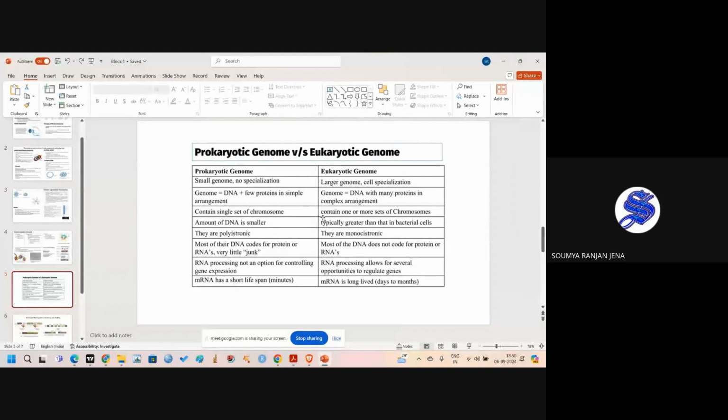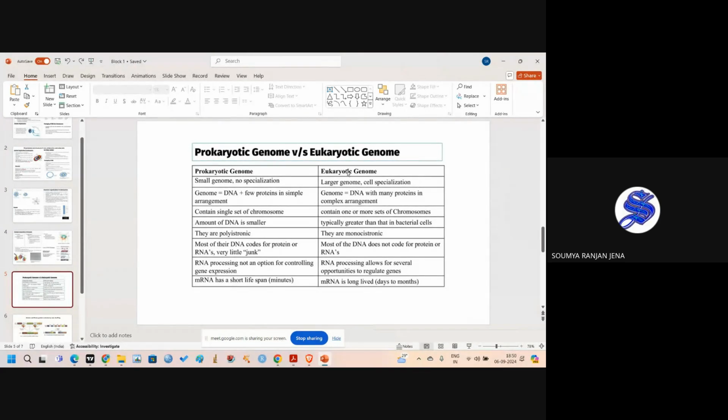Then, if we go to the major differences between the prokaryotic genome versus the eukaryotic genome, prokaryotic genomes are small, with no specialization. But eukaryotes are complex in structure, so they have a larger genome and cell specialization, because the genes are functional in cell-specific manners.